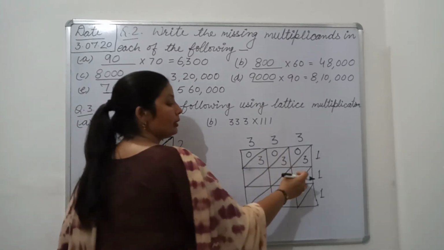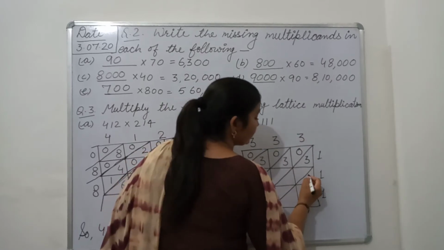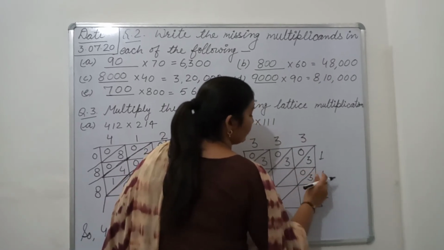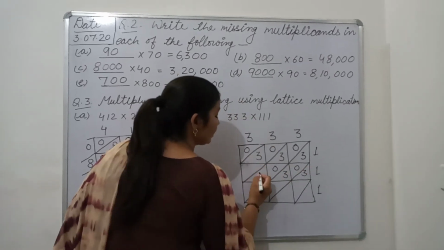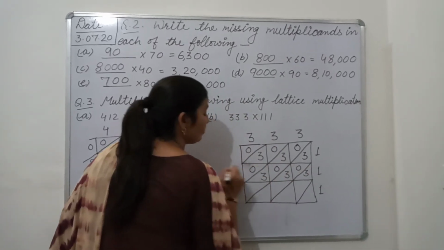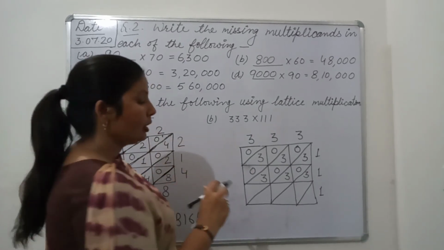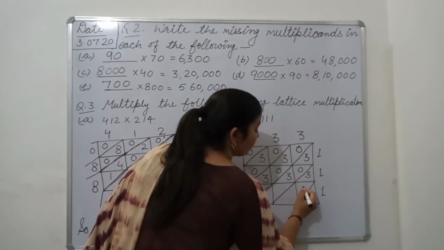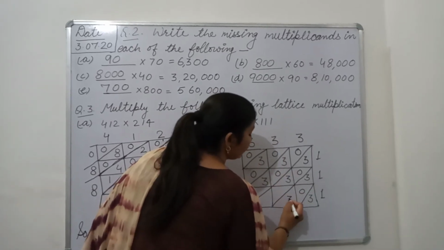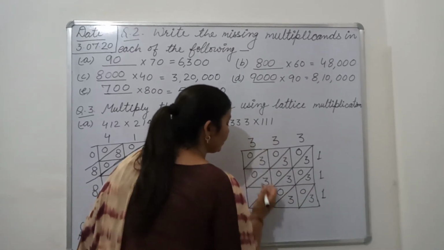Again we multiply by 1. So 1 three is 3, 1 three is 3, 1 three is 3. Down box is of 1's, up box is of 10's column. Again we multiply by 1. So 1 three is 3, 1 three is 3, 1 three is 3.